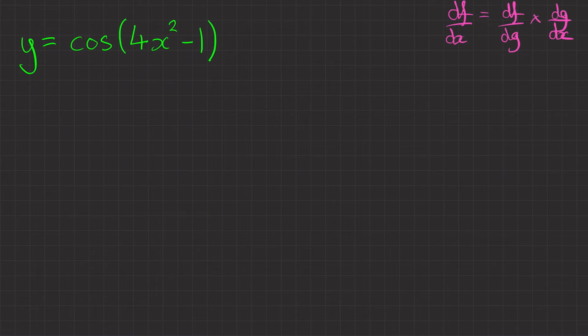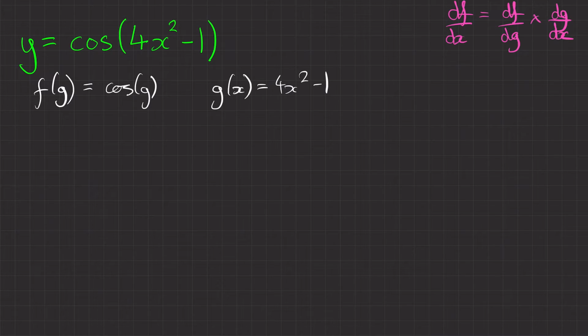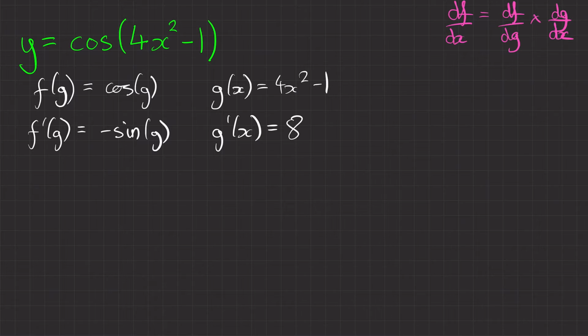Let's do the green question. Again, let's write down what f of g is. So f of g equals cos g, and g of x equals 4x squared minus 1. We now need to figure out the differential of f of g, so we'll have f dash g equals minus sine g, and g dash x equals 8x. Okay, now we need these two parts in order to figure out our final answer.